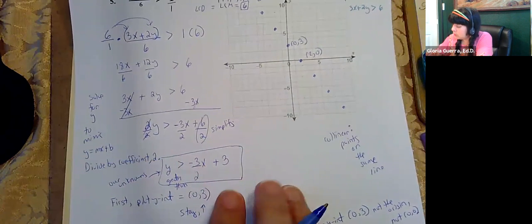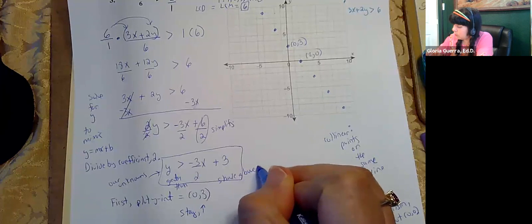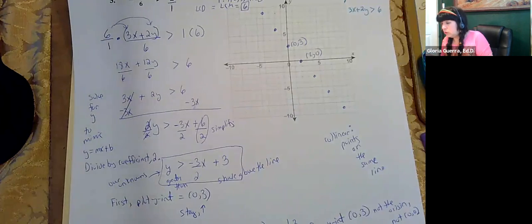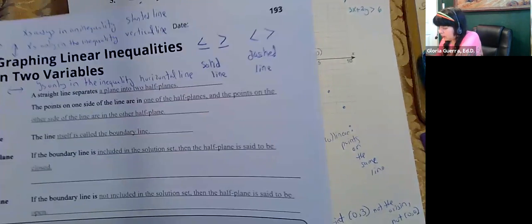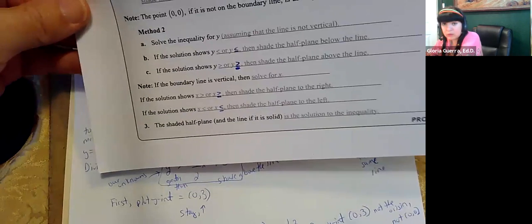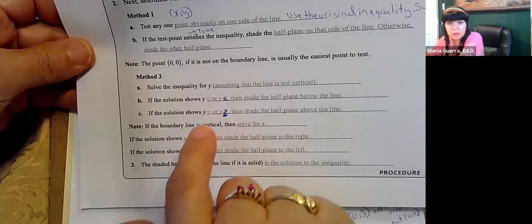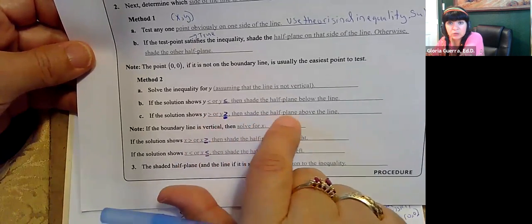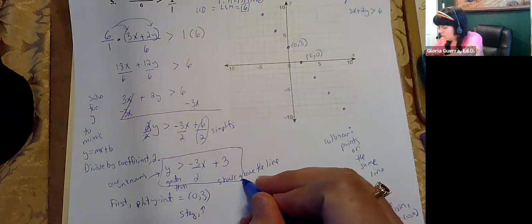So that means that you want to shade above the line. And if you look at your notes on page 193, go to the y, but don't look at the x. See, greater than, greater than or equal to, it does shade above. And that's what we're doing, shading above the line.